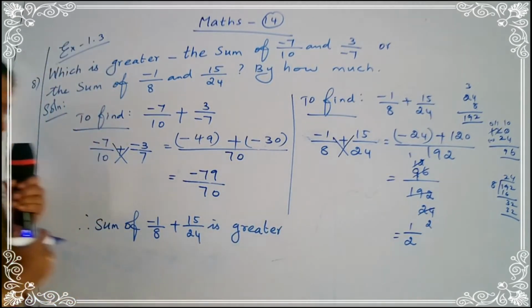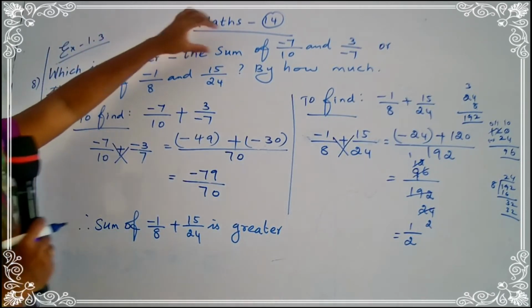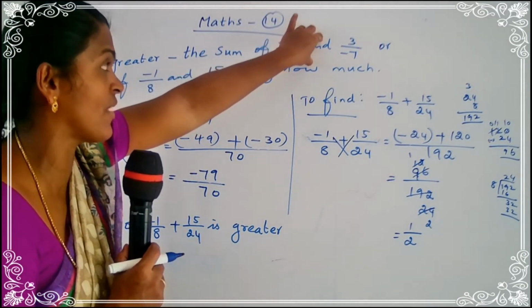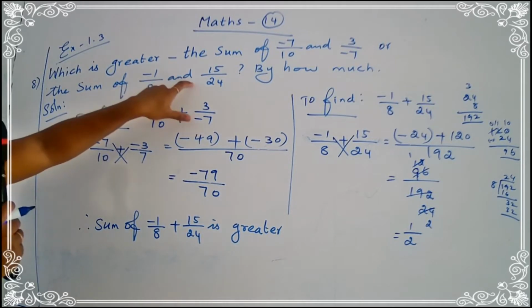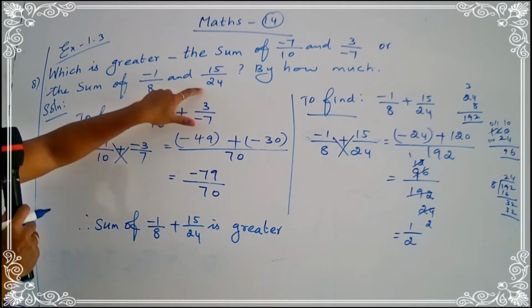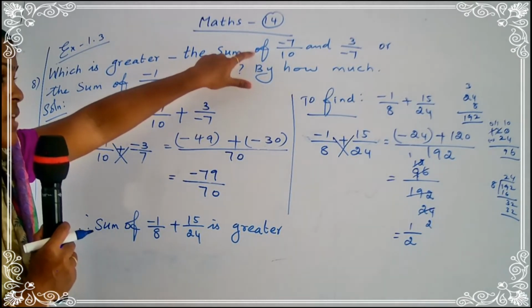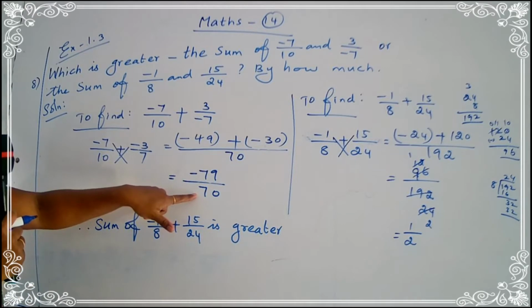Clear children? Your question is, which is greater? Two values are given: the sum of minus 7 upon 10 and 3 upon minus 7, or the sum of minus 1 upon 8 and 15 upon 24. So you find the value of each. The sum of minus 7 upon 10 and 3 upon minus 7 is minus 79 upon 70.